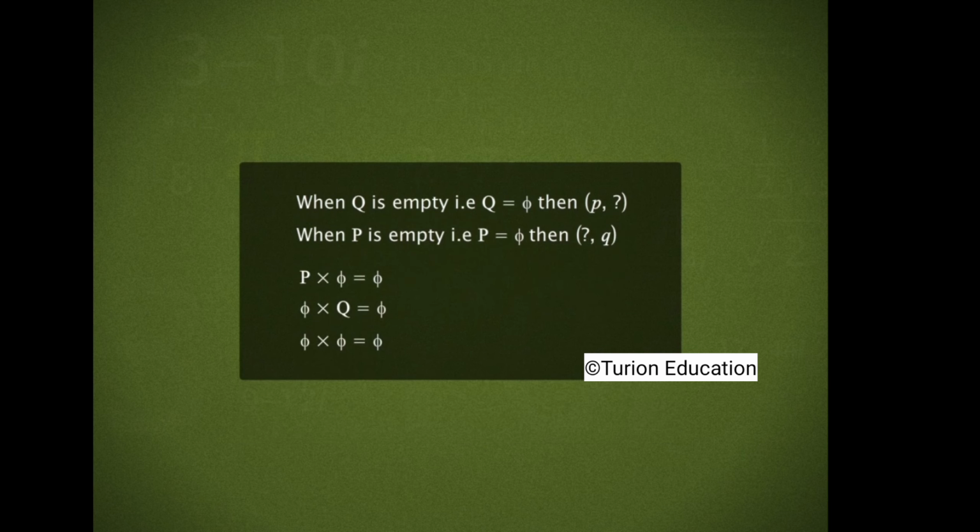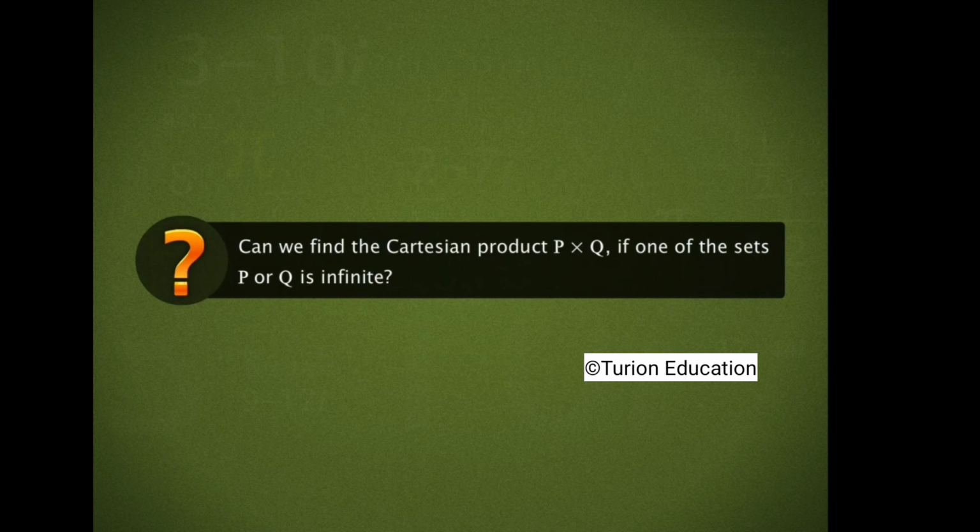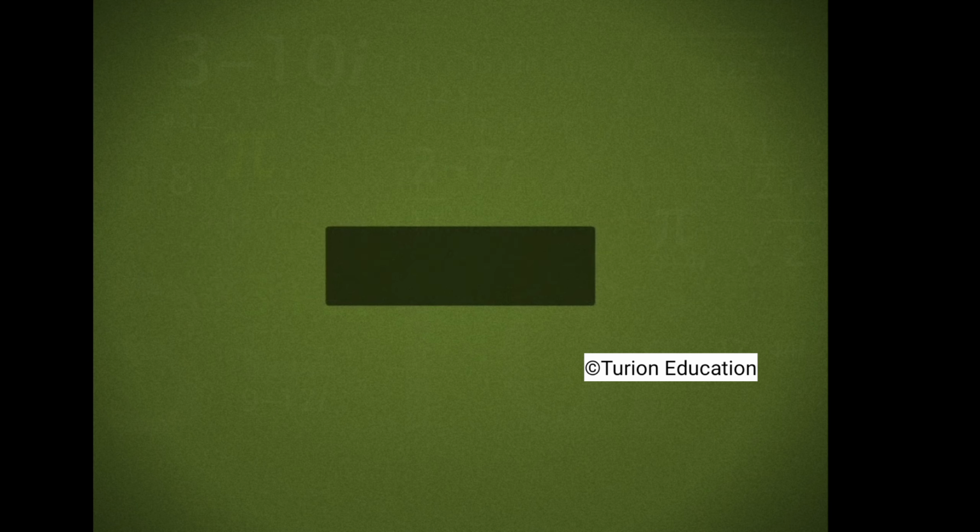In other words, we can say that the Cartesian product of a non-empty set with an empty set or of two empty sets is equal to an empty set. Now, what if one of the sets is infinite? Can we find the Cartesian product in such a situation? Let's understand this with an example.